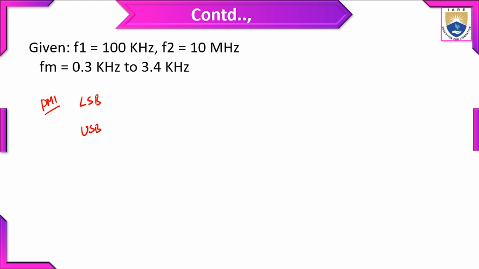What is LSB? LSB is nothing but FC minus FM. Here we take FC as 100 kilohertz, and FM is 0.3 kilohertz to 3.4 kilohertz. So 100 kilohertz minus 0.3 and 100 minus 3.4.